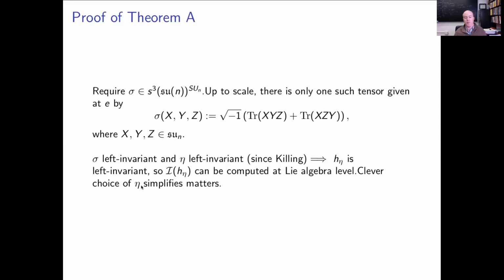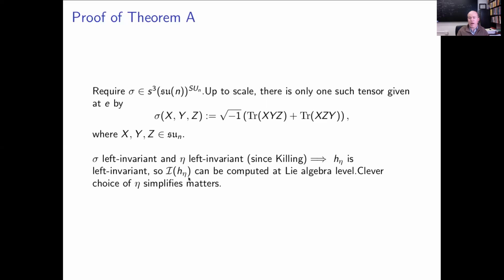We choose eta carefully, we compute I of h sub eta, we show that's non-zero for a careful choice, and we know that the generator of this one-dimensional vector space is non-degenerate. So this proves that the constant C is non-zero, and this proves that psi of HH will never be zero. It's always non-zero, and that's enough. So that's for all eta. Therefore, we conclude that we have established a theorem, and SU(2n+1) is rigid.